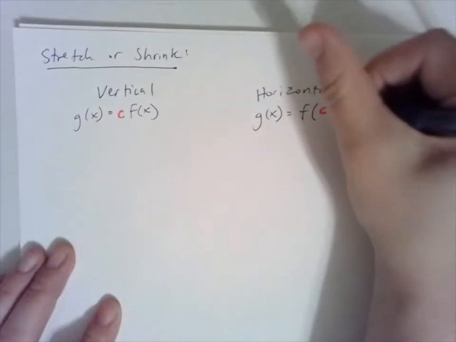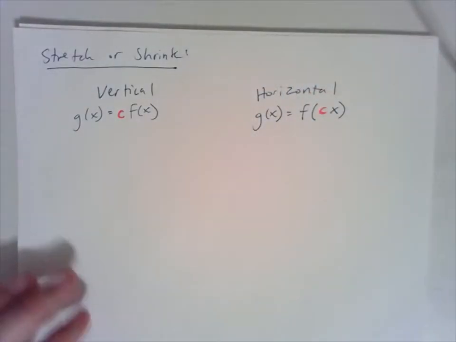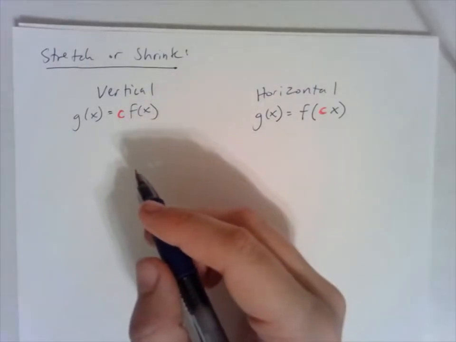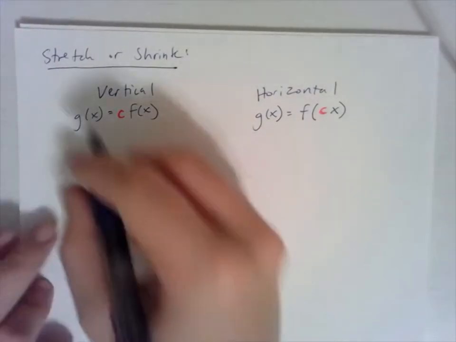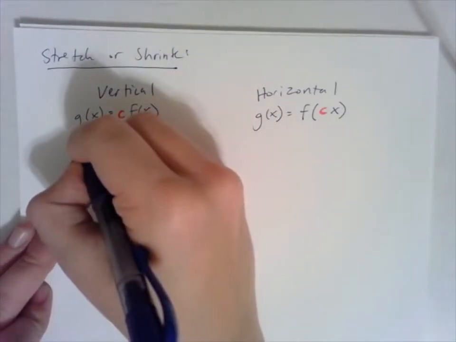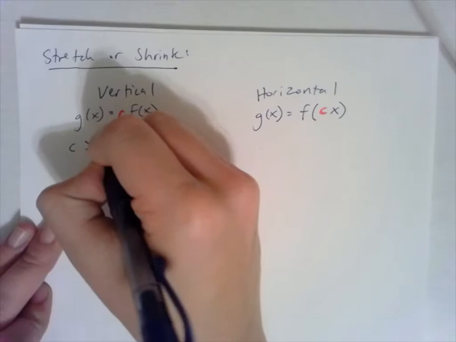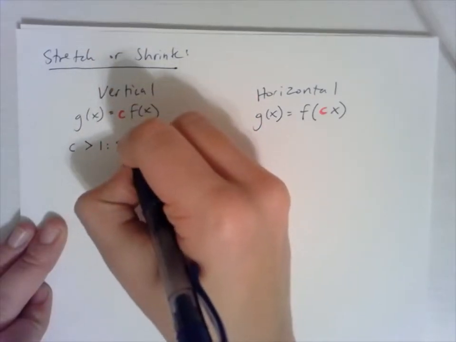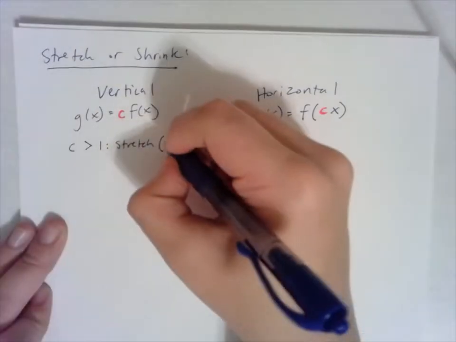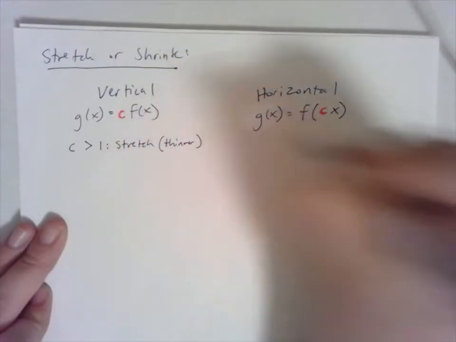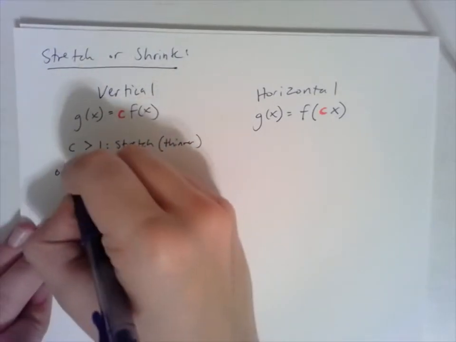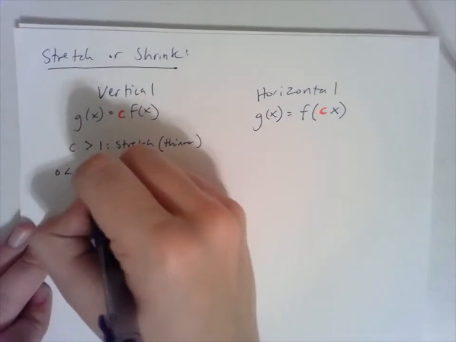And some important things for you to understand is that when your c value for the vertical, when it's outside, when c is greater than 1, you have what's called a stretch. And on the graph, that looks like your graph is getting thinner. When c is between 0 and 1, we have what's called a shrink.